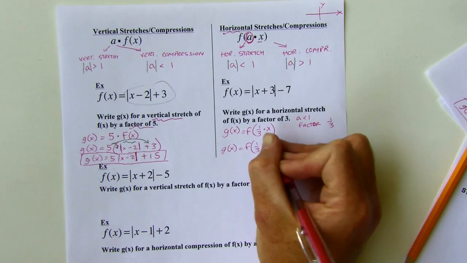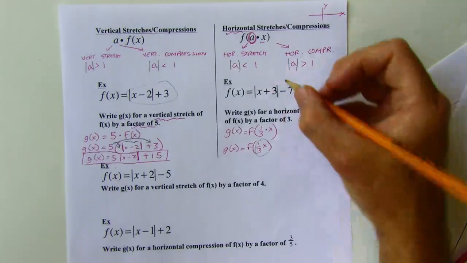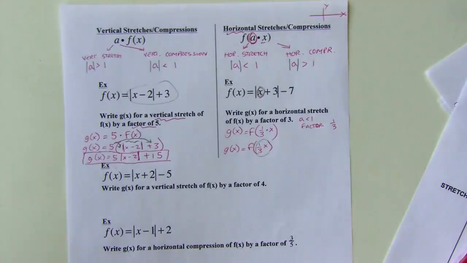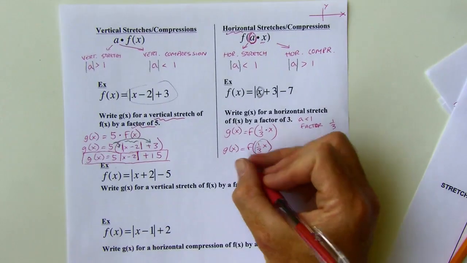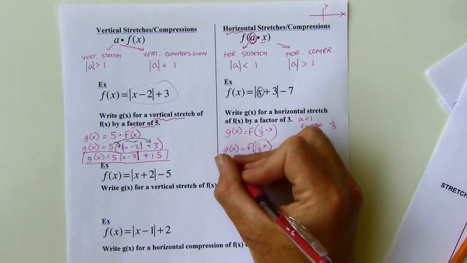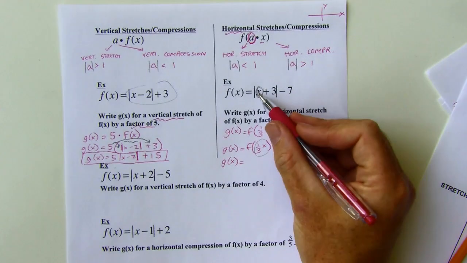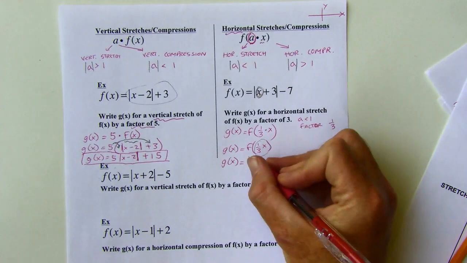Just write that like so, and that means my input is 1/3 x. I'm inputting into this function, where the x is, I'm going to replace that with 1/3 x. So I'm writing f of 1/3 x.